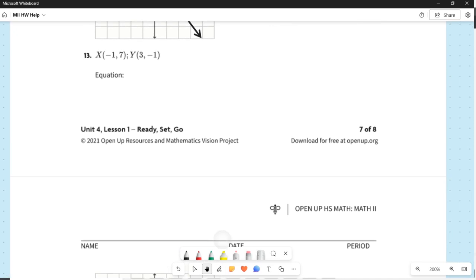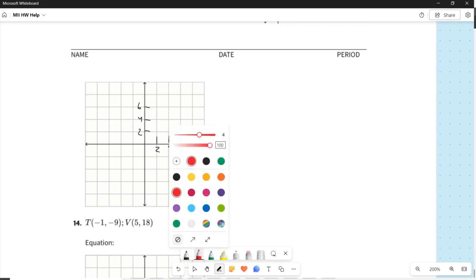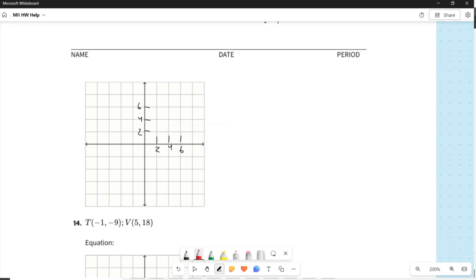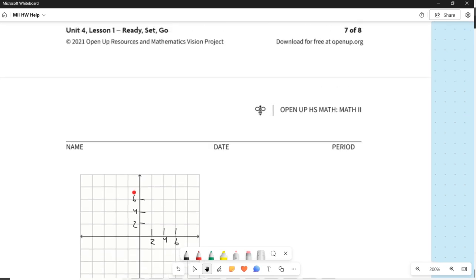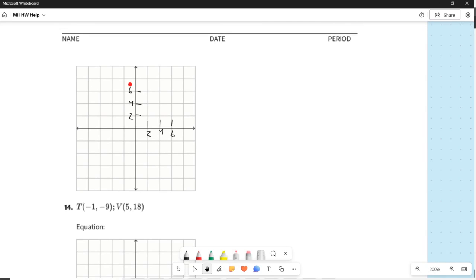So the first point was (-1, 7). I'm going to go to the left 1 and up 7, and that puts us right there. That's (-1, 7). And my other point is (3, -1). So 3 means I go to the right 3, I go down 1 because it's negative 1, and that puts us right there. And again, two points determine a line.